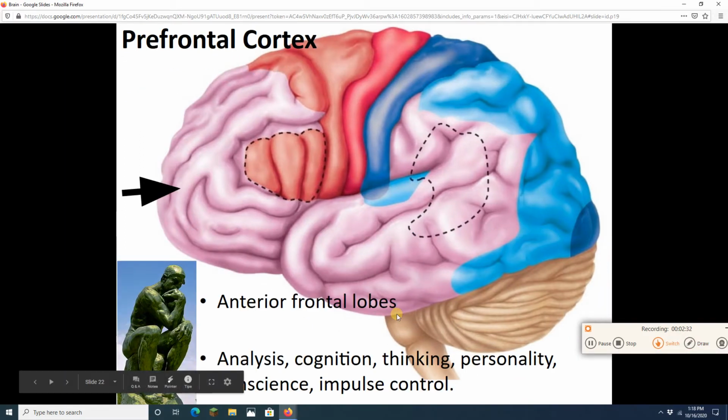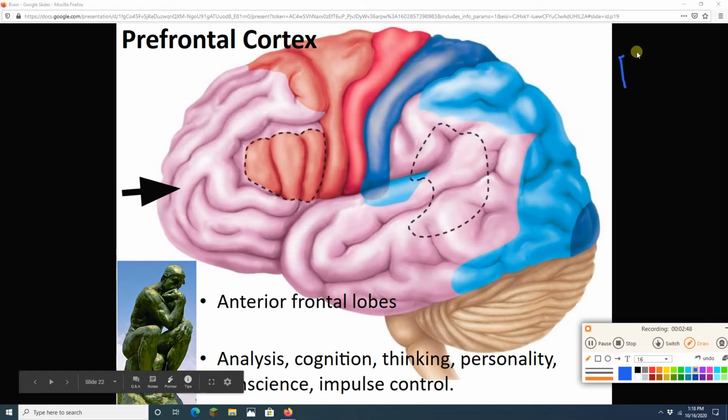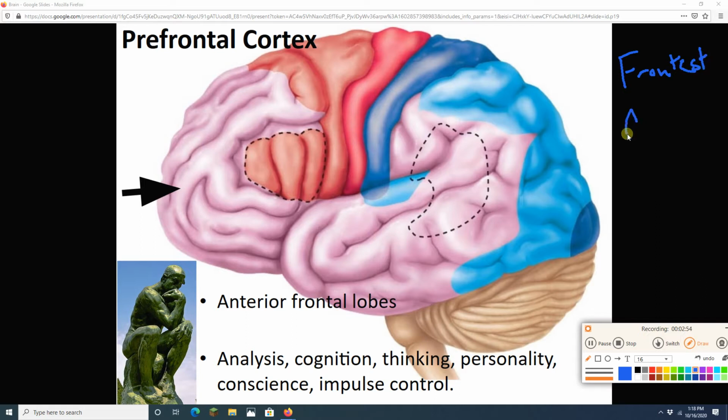Let's talk about the prefrontal cortex. The prefrontal cortex is the anterior region of the frontal lobe, the front part. I think of the prefrontal cortex as the frontest part of the frontal lobe.